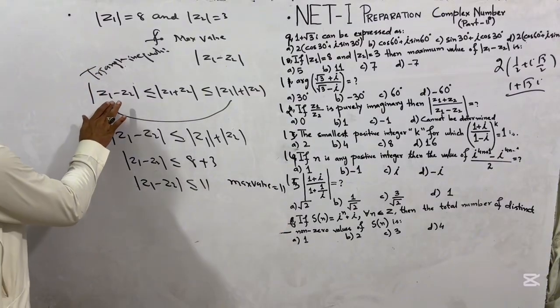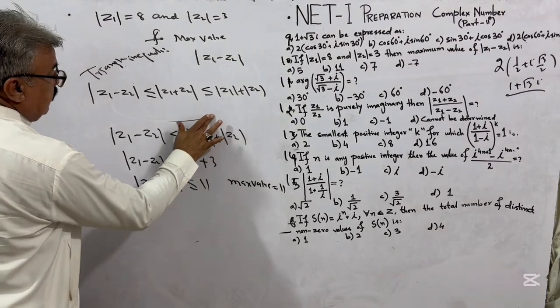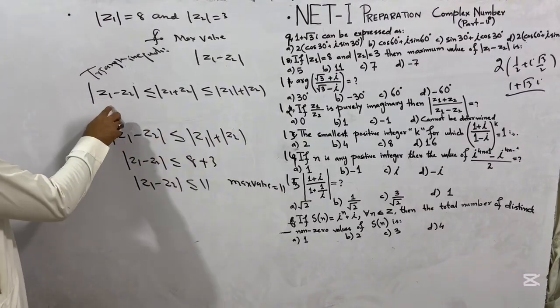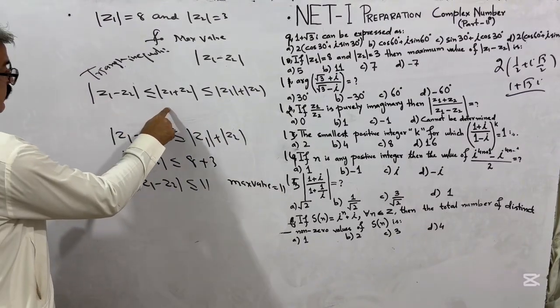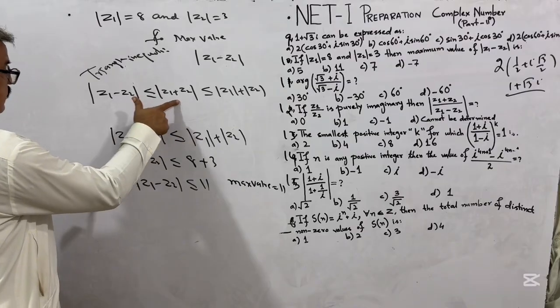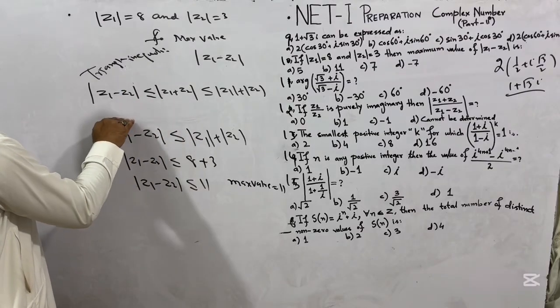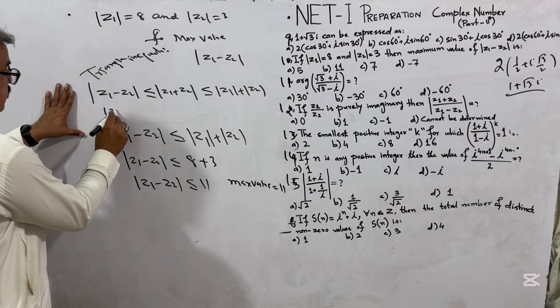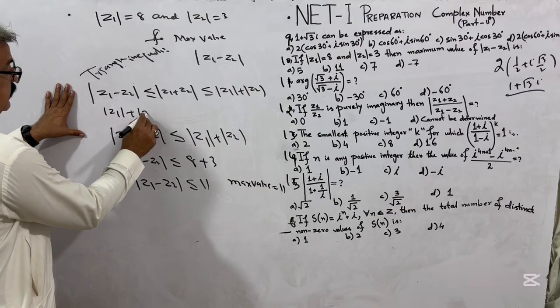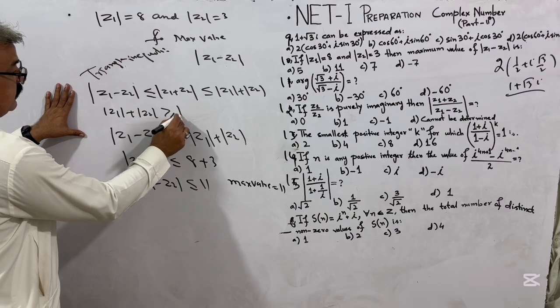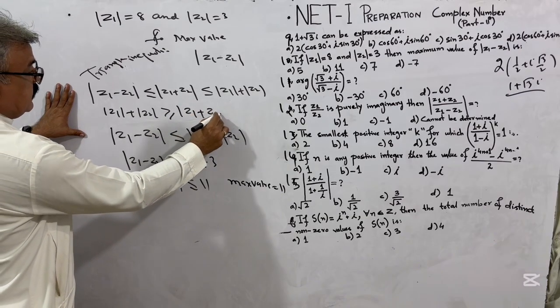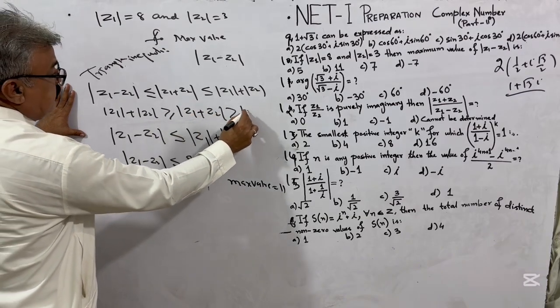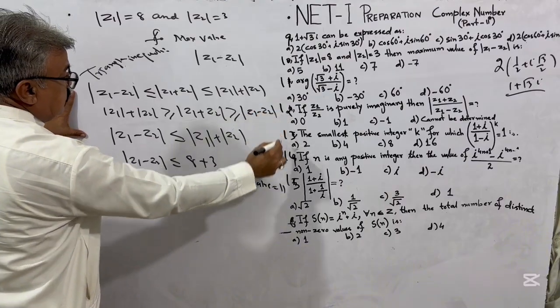Some write this inequality in the reverse fashion. This is smaller, this is greater than this one, a little bigger, the bigger quantity. Some writers write mod z1 plus mod z2 is greater than or equal to mod of z1 plus z2, and that is greater than the difference of z1 and z2.